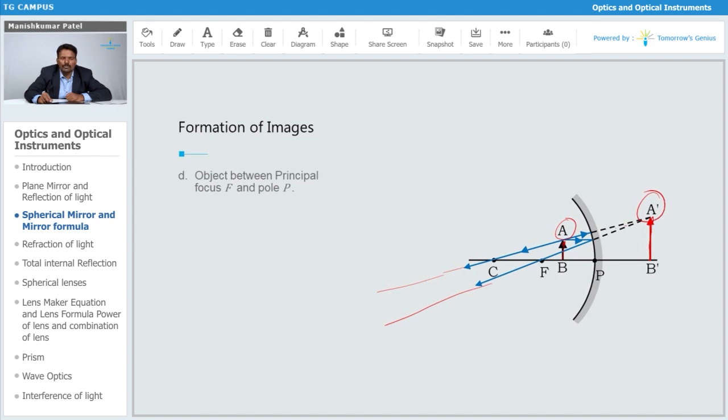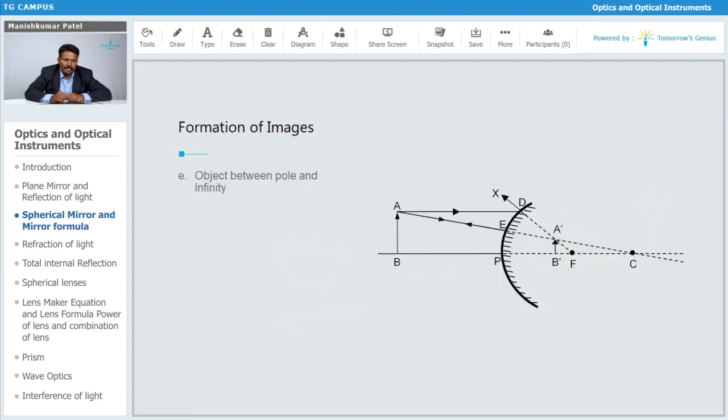The rays appear to come from over there, so this image is a virtual image. Again we are going to say that it is virtual, it is straight, so let's say it is erect, and in size it is magnified. As compared to the size of the object, the size of your image is enlarged, so that's why we will call it a magnified image.